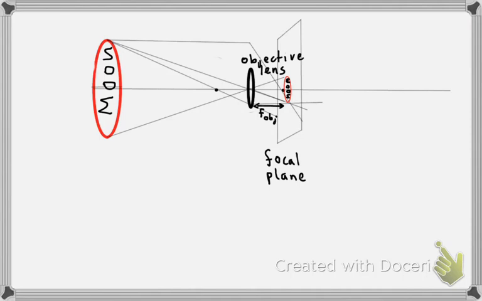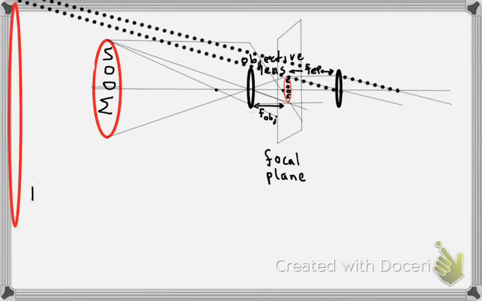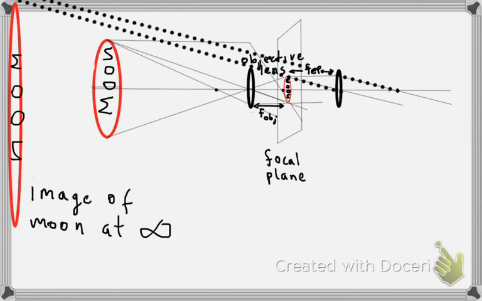So we're going to use a second lens, and as we discussed for magnifying glasses, the idea is to put the lens at a distance from the object that we're looking at that is equal to the focal length. So the eyepiece, which is this lens right here, has a focal length of FEP. So the idea is that the intermediate image of the moon, which is right here, should be located at a distance FEP from the eyepiece lens.